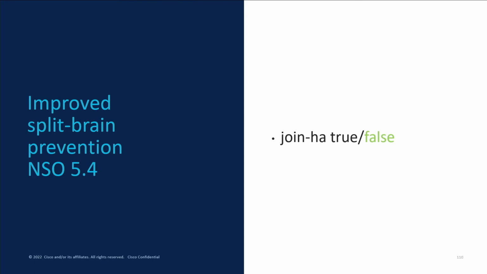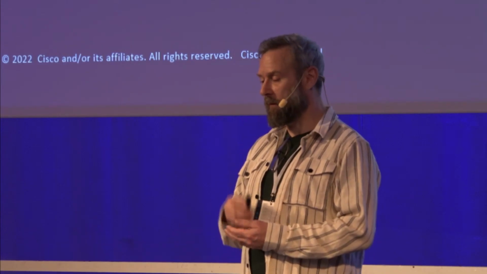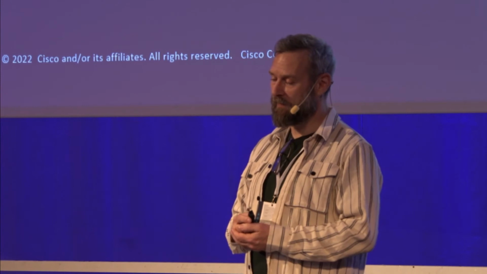Split brain prevention I've talked about. We'll talk more about that in a second. And now in NSO 5.7, we added this rule-based consensus algorithm to prevent split brain. And we support that with a 2 or 3 node configuration.